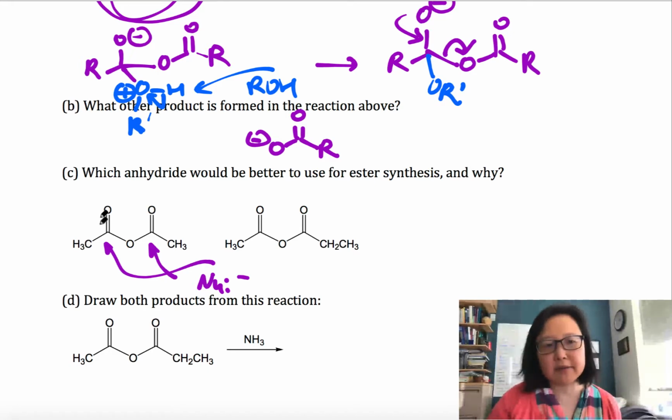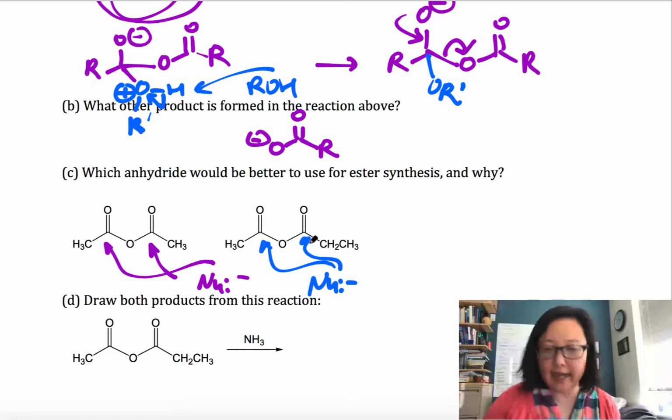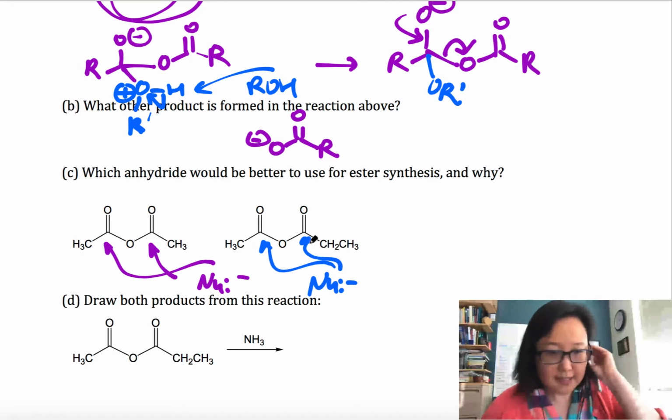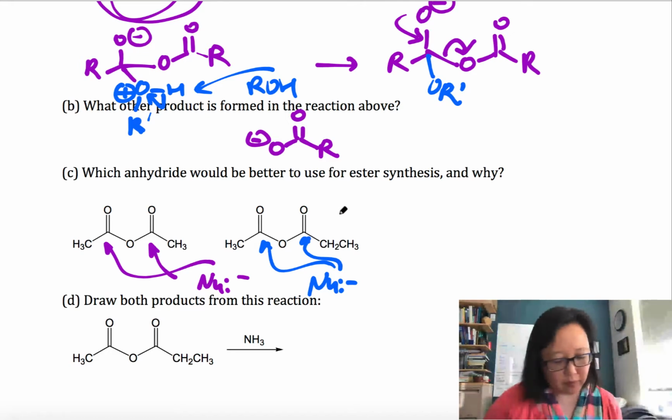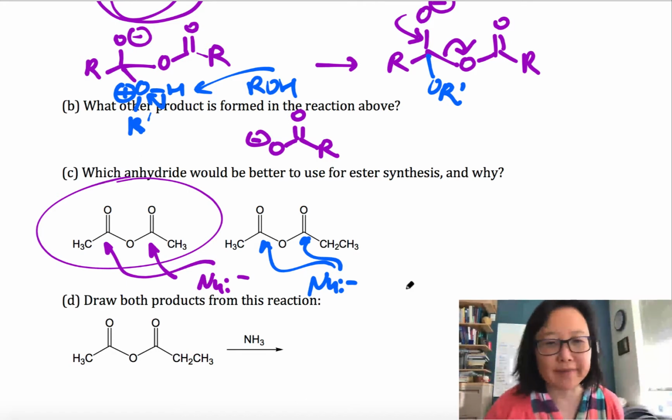So you have this acetyl group here and acetyl group there. So you're not going to get different products. But if you had a nucleophile with this other one that's asymmetric, you could end up with an attack there or an attack there and have two different outcomes, so two different esters. So in this case, you probably would want to stick to the one where you only have one possible ester, so you don't have a mixture, unless that's what you're going for.